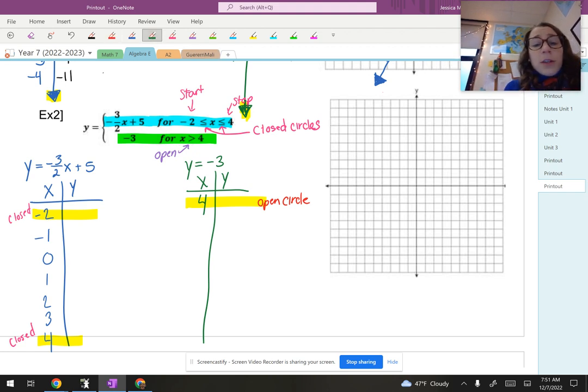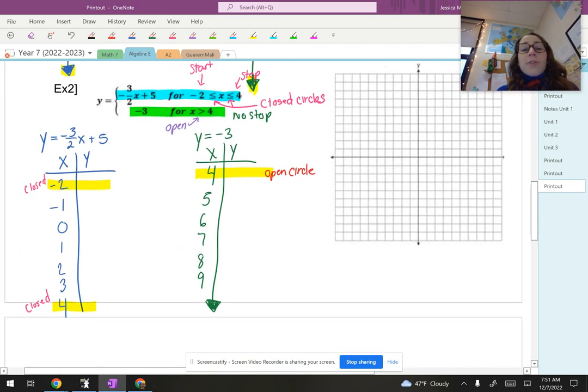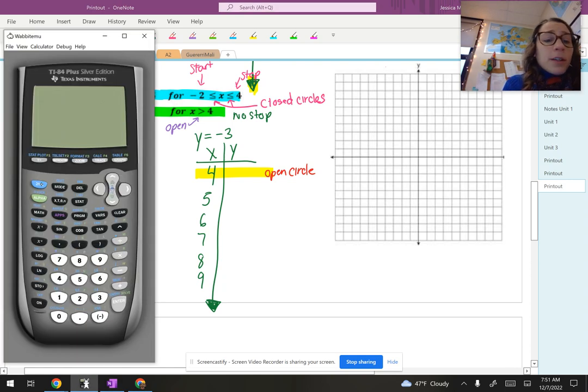So x's that are greater than 4, that'd be 4, 5, 6, 7, 8, 9. Doesn't tell me when to stop. There's no stop, which means I will have an arrow at the end. So I'm drawing that arrow in the table, again, just to remind myself that I have to draw an arrow on here.